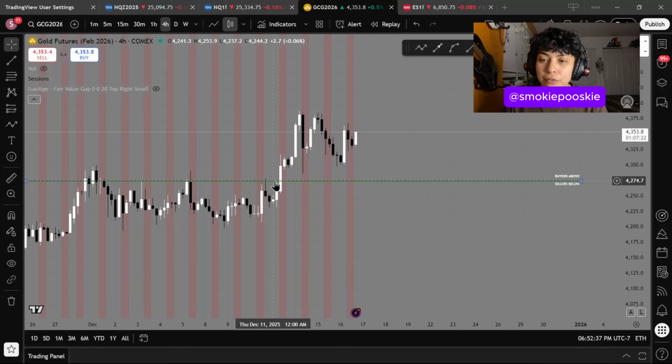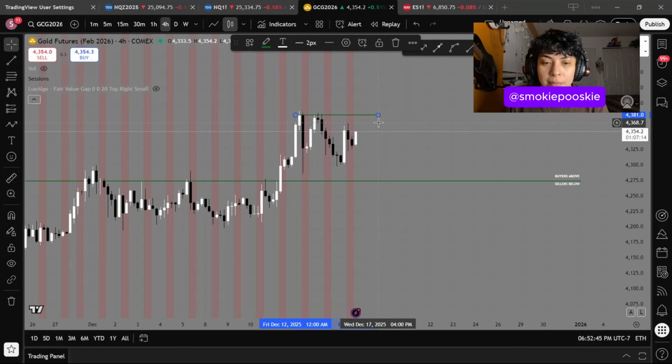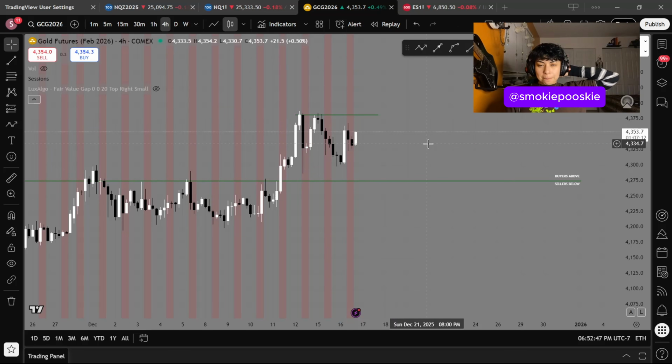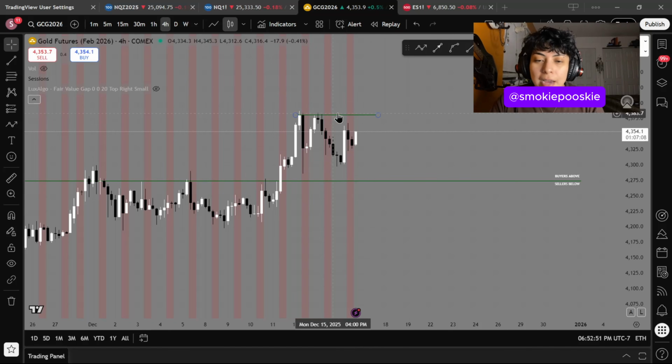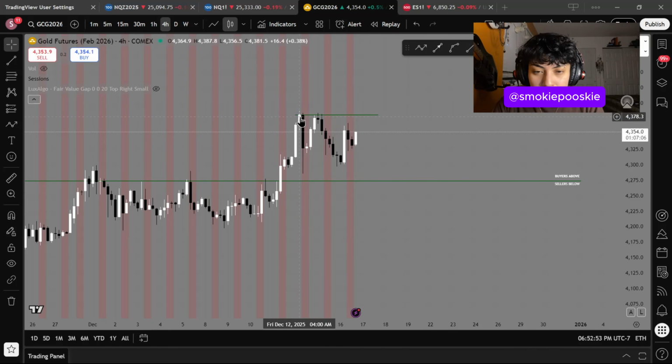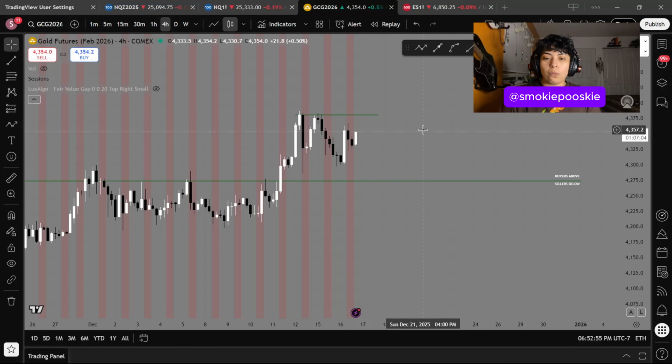So right here on the 4 hour time frame, price went all the way up to here. Oh, I forgot to explain why I mark the... Okay, so if you notice, I'm using lines and I'm marking the candle body closes. Why am I marking that?